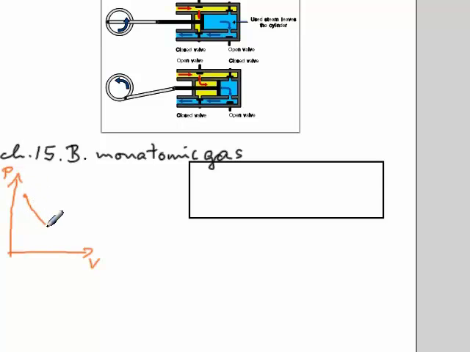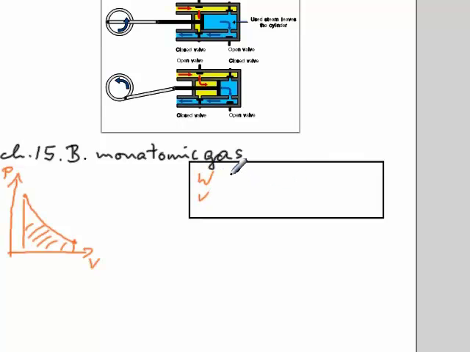So we're going to have this kind of curve, and then it ends up here, and the area underneath, that's the work done, and they give that to us. So let's see, the work done is 825 joules.